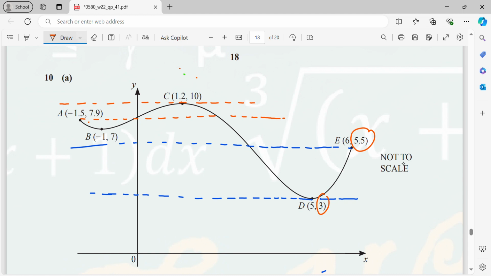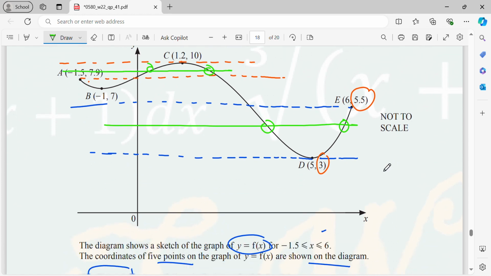So because when you draw a horizontal line, two intersection points, or probably this side. So your k is either from 7.9 to 10 or from 3 to 5.5.